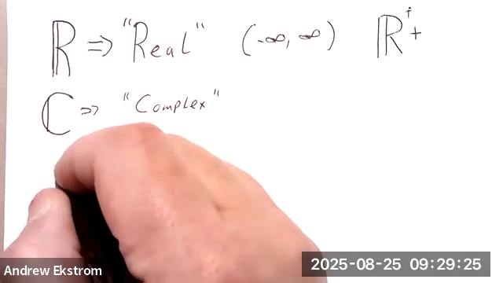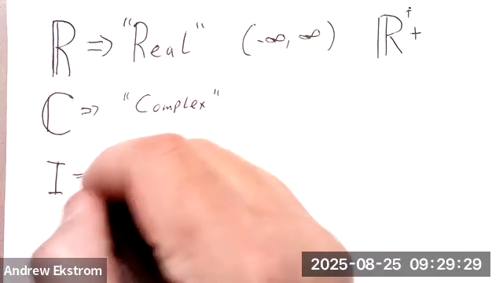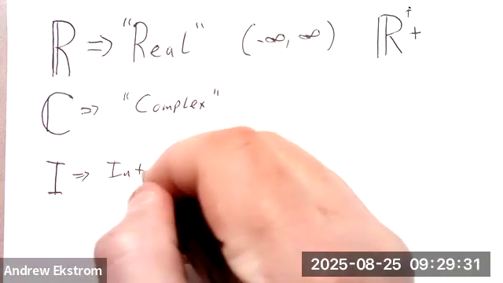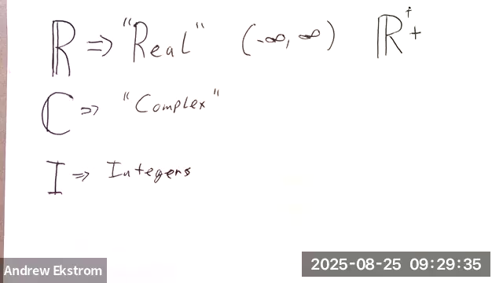We can also have, say, I, which will be all integers. And when we start thinking about numbers, most of the time we think about integers.